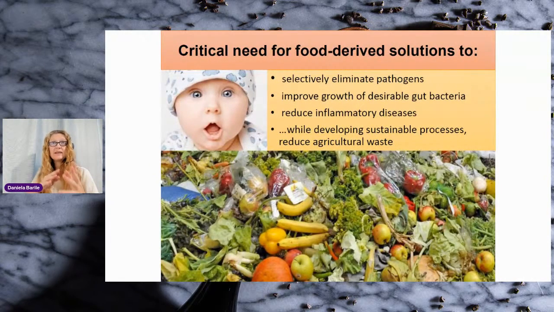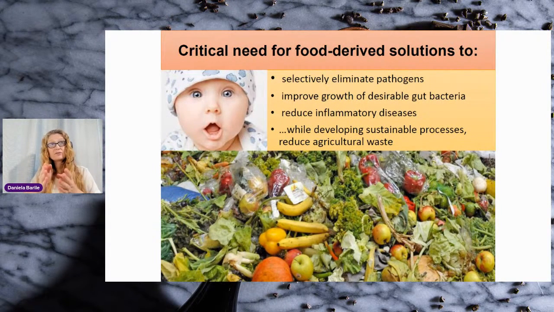As we mentioned at the beginning, there's really a critical need for food-derived solutions to eliminate pathogens, because the pathogens are now becoming resistant to antibiotics. And so antibiotics and the pharma industry cannot help there. We need food molecules. So what we're looking at is, we have these check marks: we know what human milk can do.